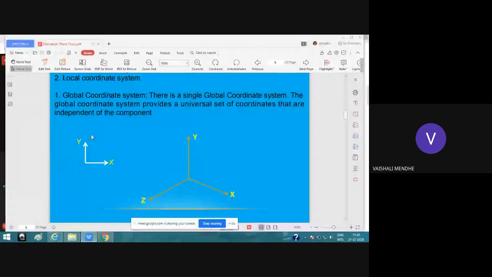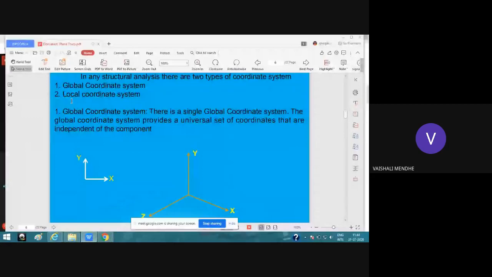This is called a global coordinate system, which is a universal set of coordinates and will never change. For a two-dimensional analysis, we use this type of system, which is called a global coordinate system.